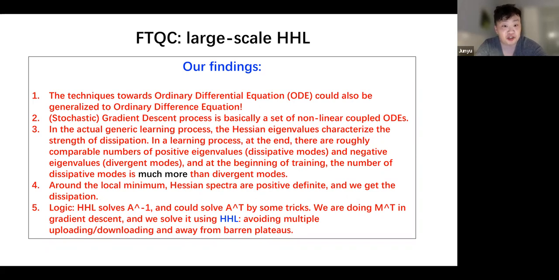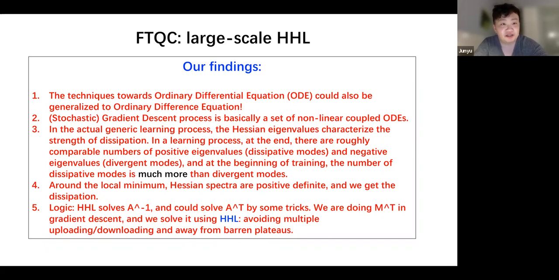Furthermore, in the actual generic learning procedure, the Hessian eigenvalue of the loss function will characterize the strength of dissipation. At the beginning of the training, we find that the Hessian eigenvalues are much more positive; there are more positive eigenvalues than negative ones.